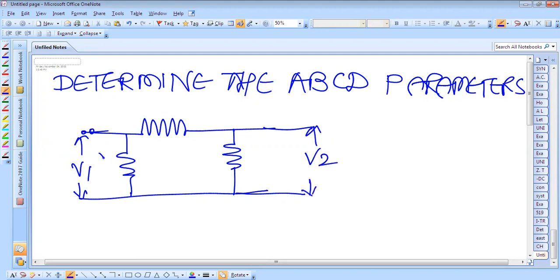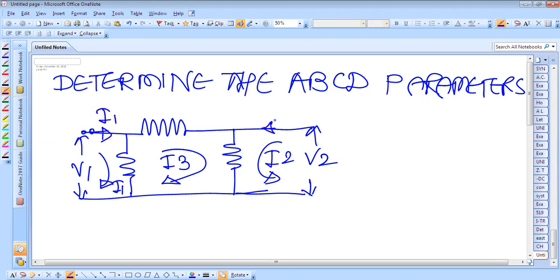V2, this is your I1, this is I3, and this is I2. And resistance of 12 ohm. Now here we have to find this. We can find A and C parameter.